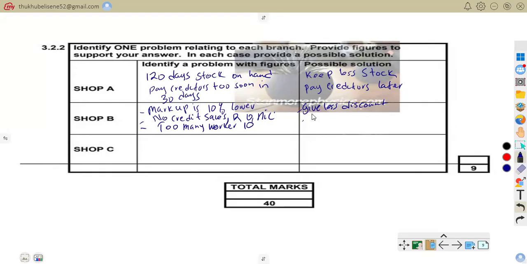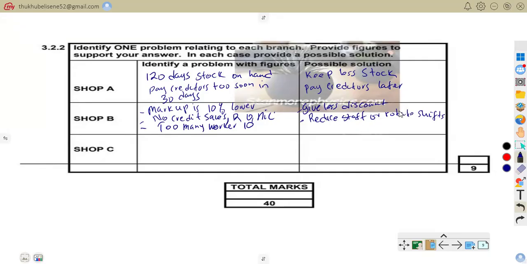Reduce staff or rotate shifts. So you can solve that problem that way.